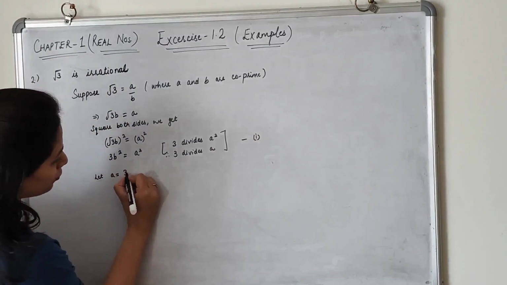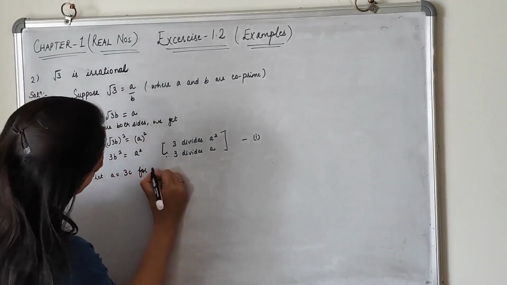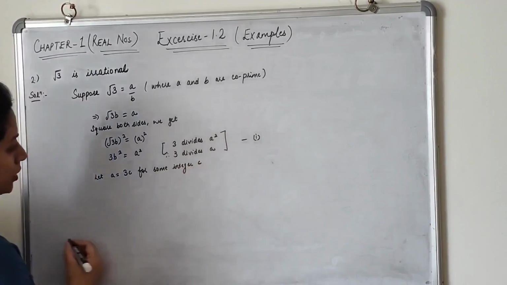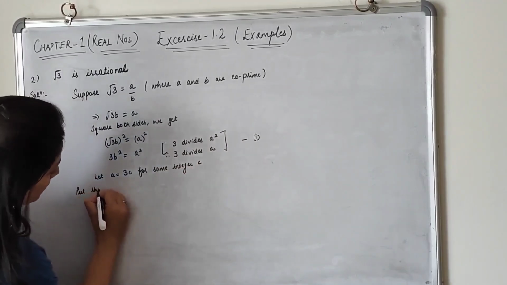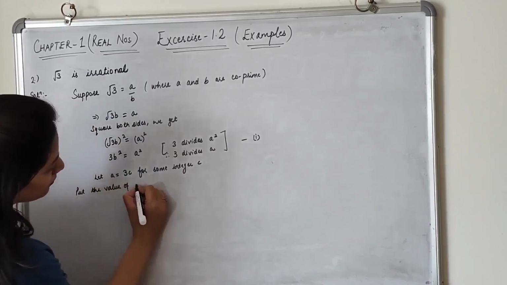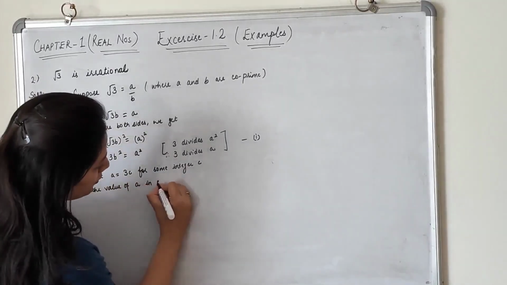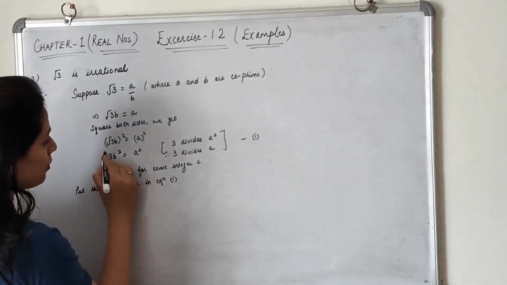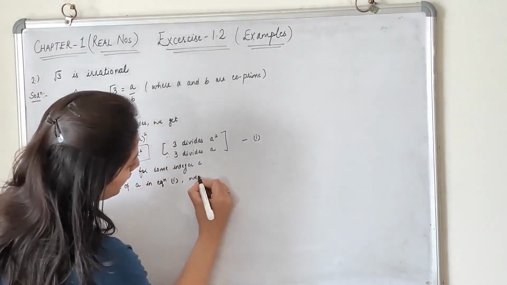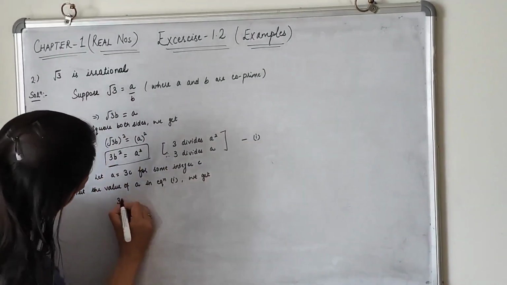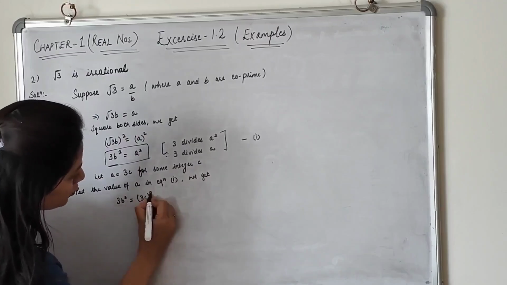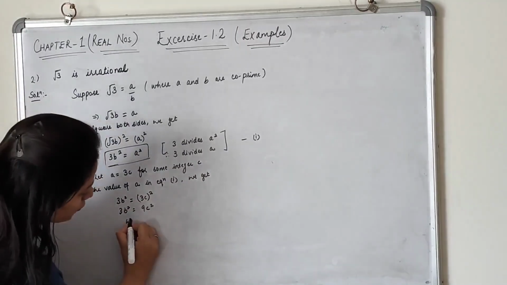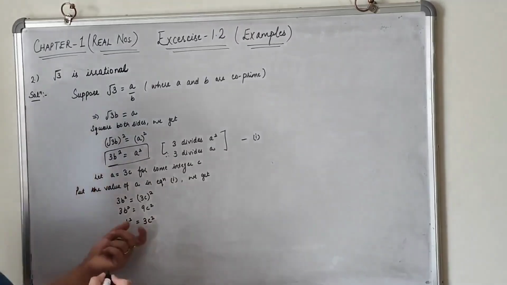Let a is equal to 3c for some integer c. Put the value of a in equation 1. In this equation, we get 3b square is equal to 3c whole square, 3b square is equal to 9c square, b square is equal to 3c square.